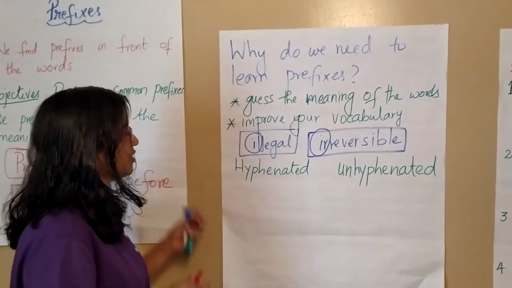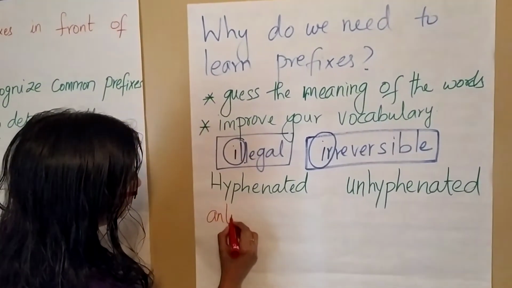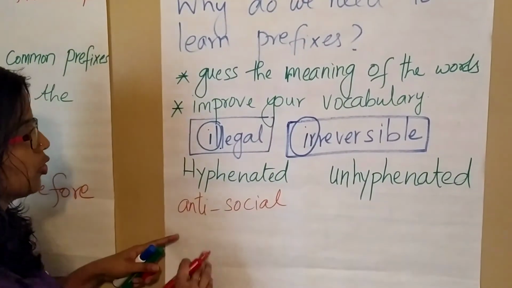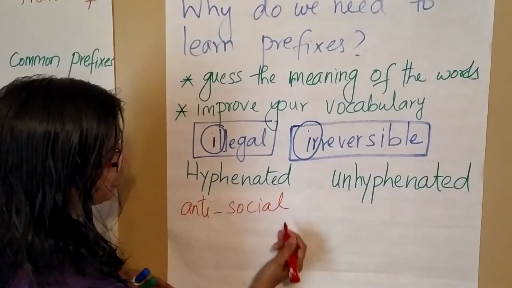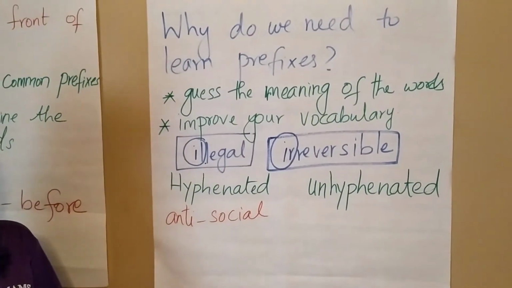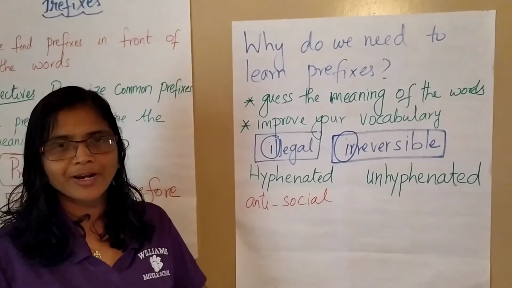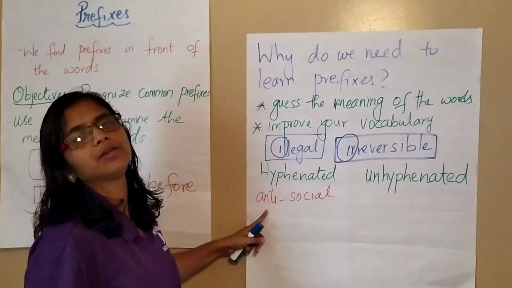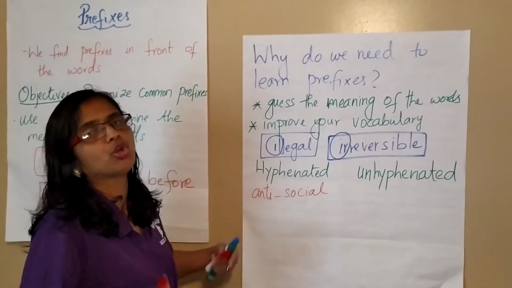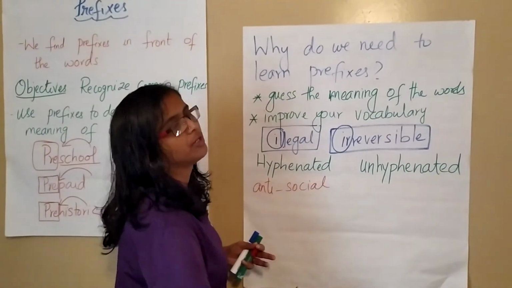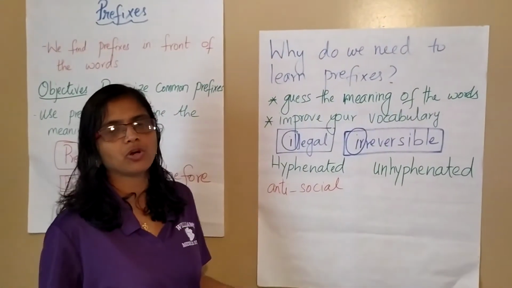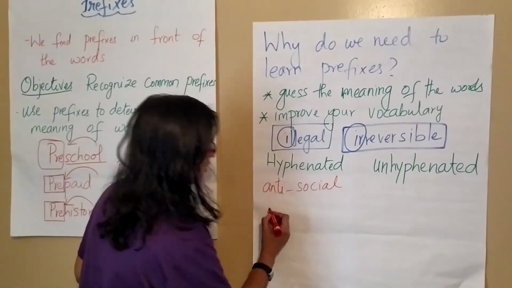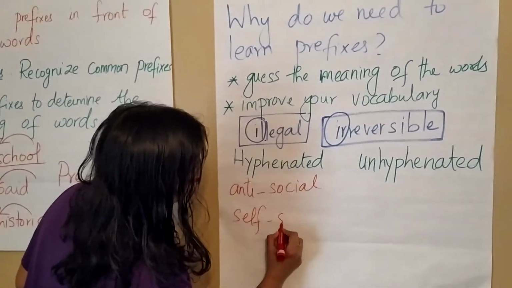If I just say antisocial, social means she is a social person, she mingles with everybody, she makes friends easily. That's the meaning of social. Now anti is against, it's not. So when you say antisocial, it means that person is not very social, she's against making friends. There's another word which you can use, self-service.